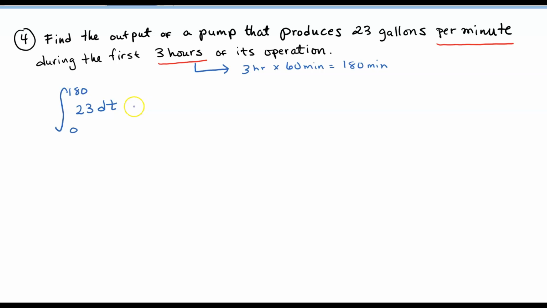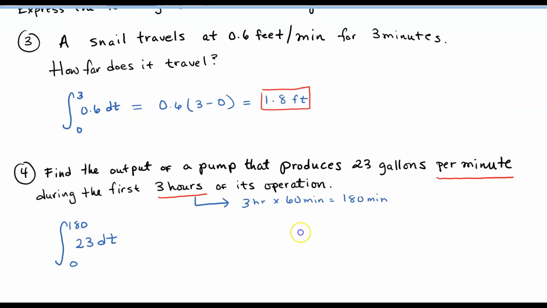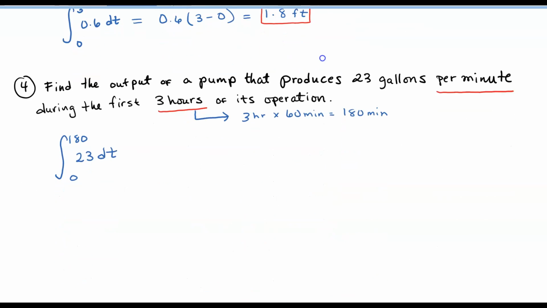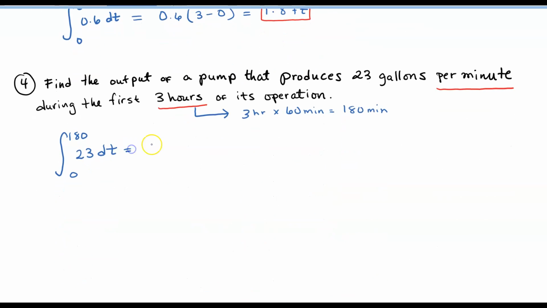So again, we follow the same concept from the theorem back up here, and that is to say c times (b minus a). In this case, our c value is 23, and we're going to multiply that by (180 minus 0).